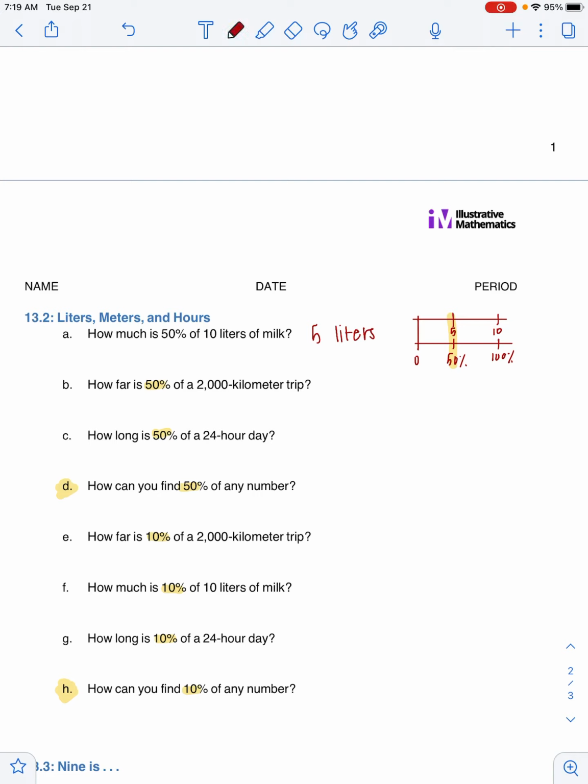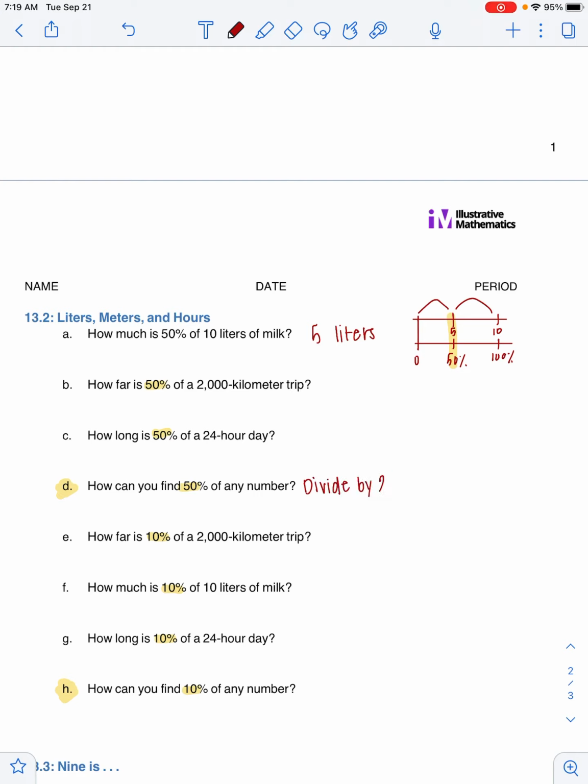So I want to focus on D and H. How can you find 50% of every number and how can you find 10% of every number? We can see here on this double number line that to find 50% of any number, all we need to do is split the number into two equal groups, or divide by 2.